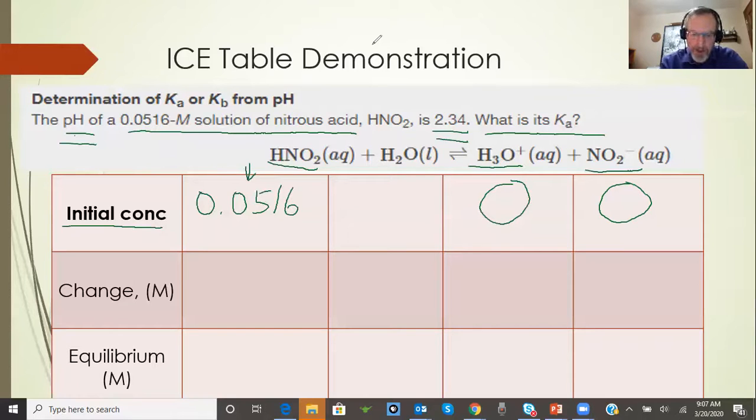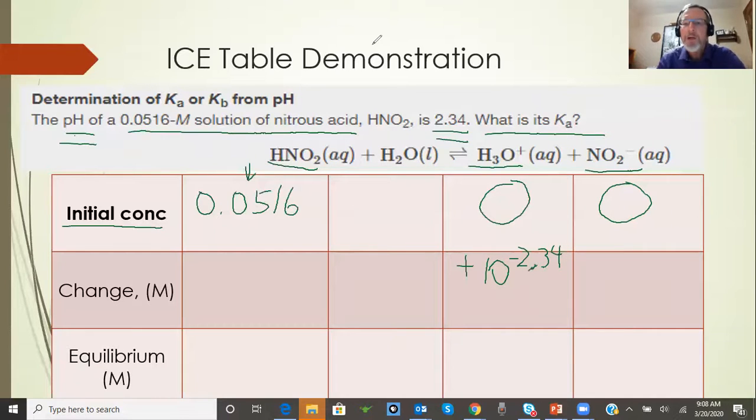So I'm going to offer that we are changing the hydronium ion concentration in this solution to the extent of a plus, and again I'm doing 10 to the minus 2.34.